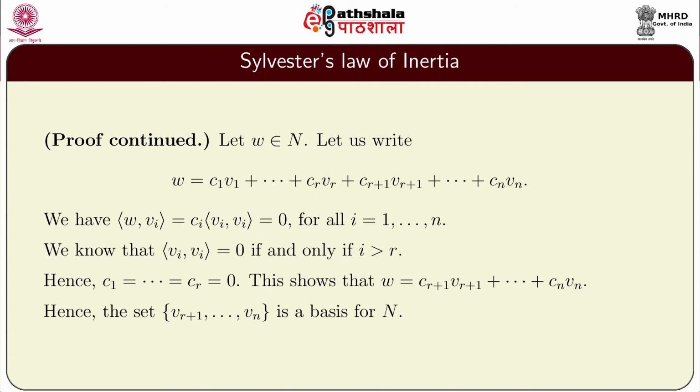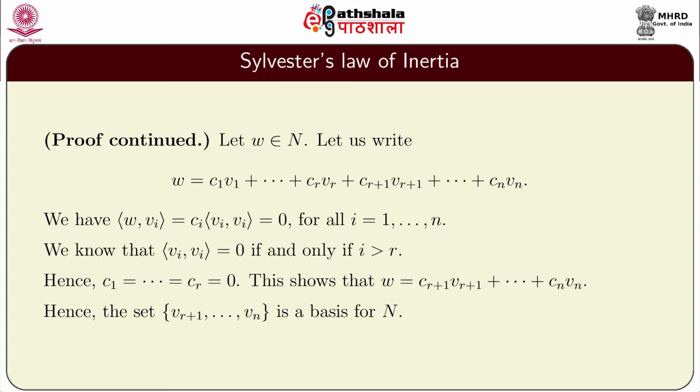But we know that the inner product of Vi with itself is 0 if and only if i is strictly bigger than r. Therefore, we have to have C1, C2 and so on up to Cr equal to 0. This therefore shows that W is equal to Cr plus 1 Vr plus 1 and so on up to Cn Vn.